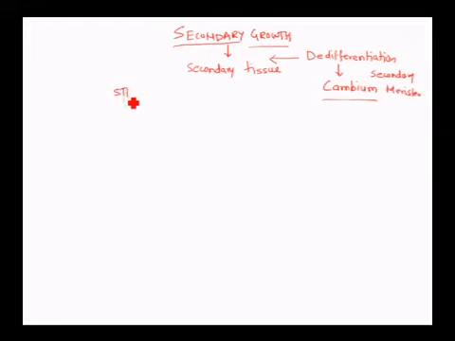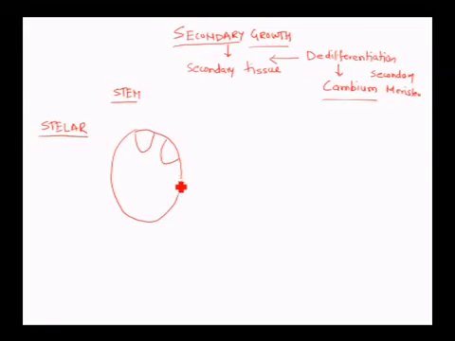In stem, if you consider secondary growth in stellar region, this is the stele. These are vascular bundles which are conjoint collateral open having already intrafascicular cambium.